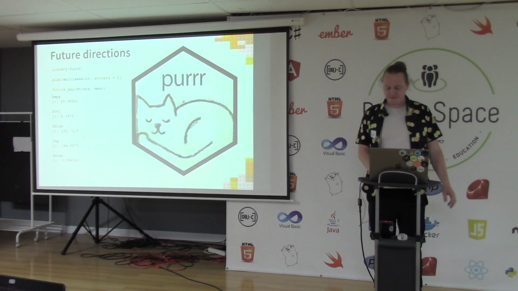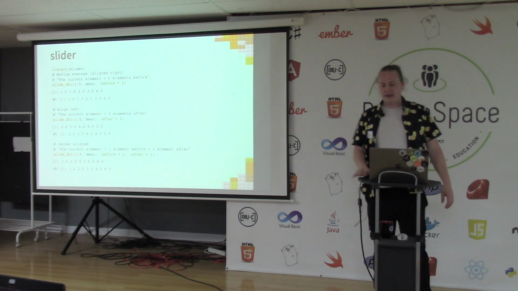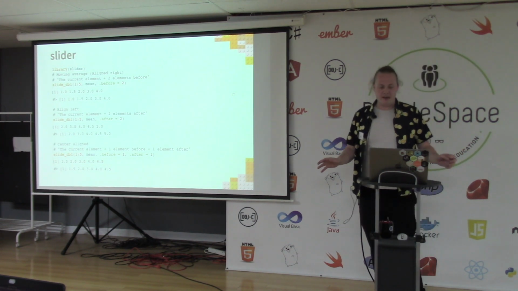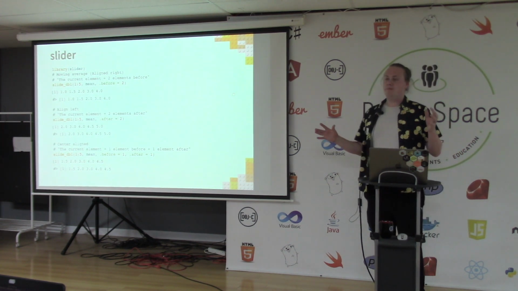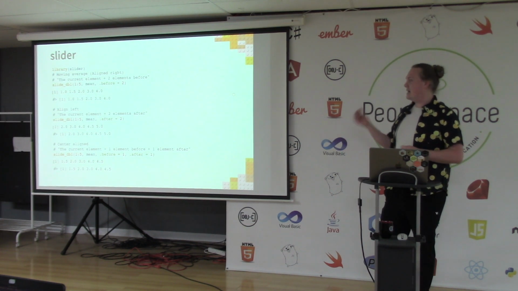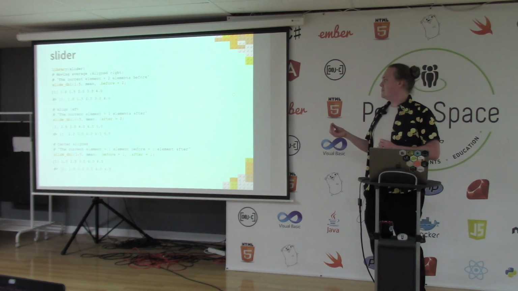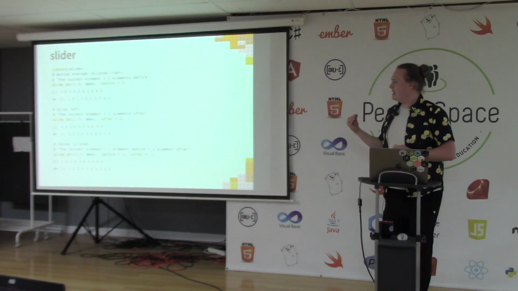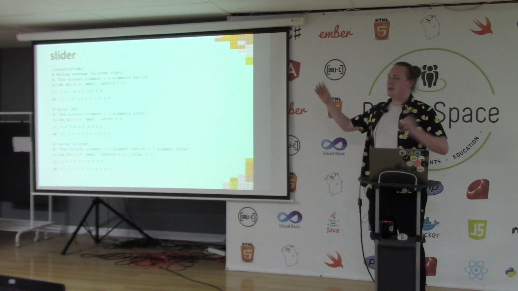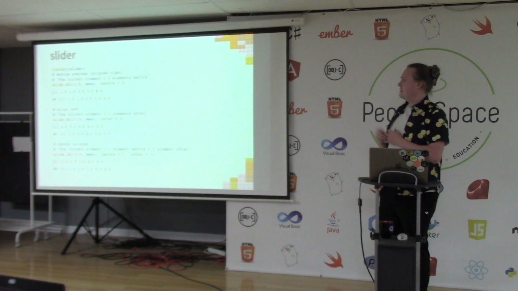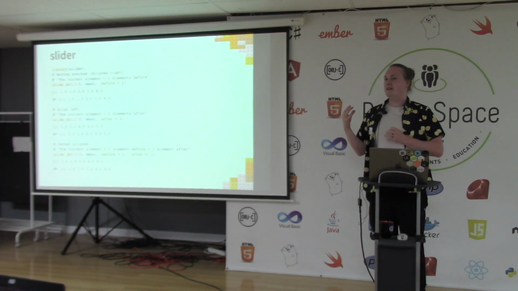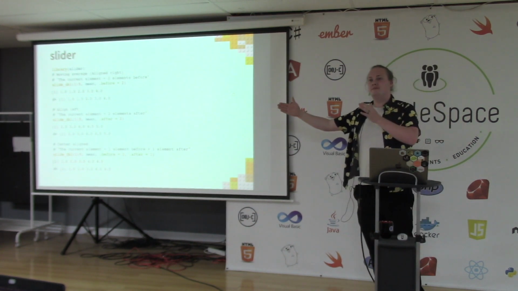And another last little tidbit is a related package, the slider package. It behaves in many ways like purrr. But what it does differently is it works with sliding intervals.